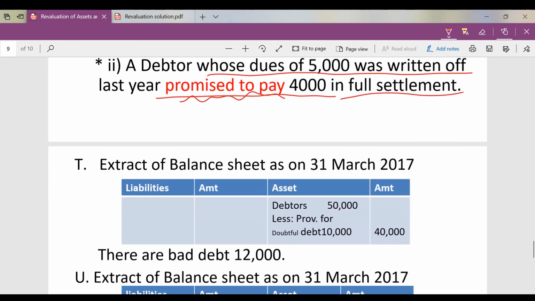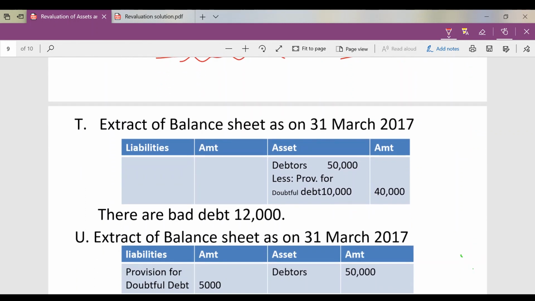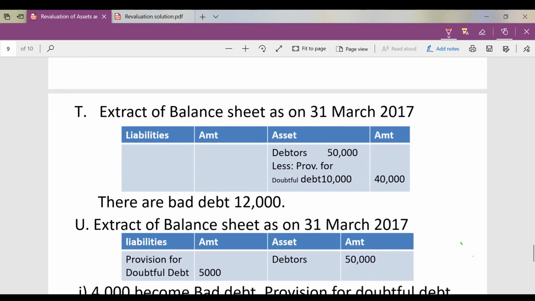Now next is the case of debtors, which you have to really be very careful about. He has given you an extract of balance sheet on 31st of March and you have the debtor and you can see the provision. And this is the amount of debtor after subtracting the provision. He is saying there are bad debt of 12,000.